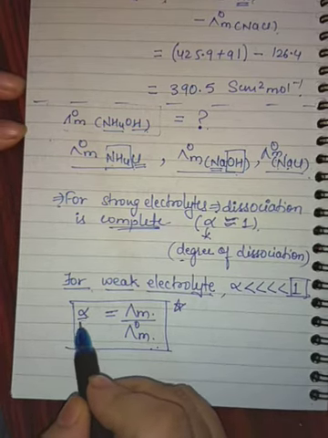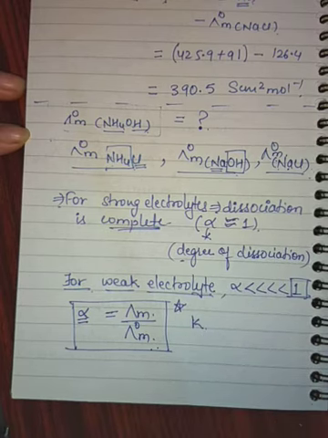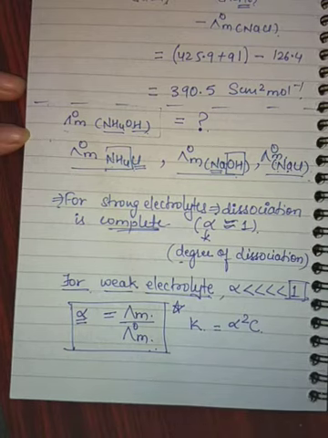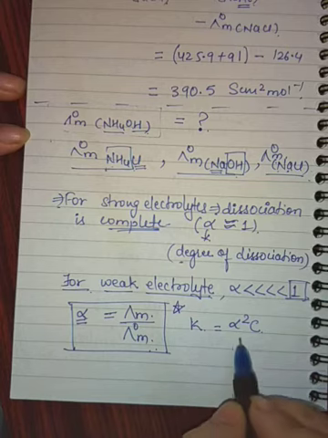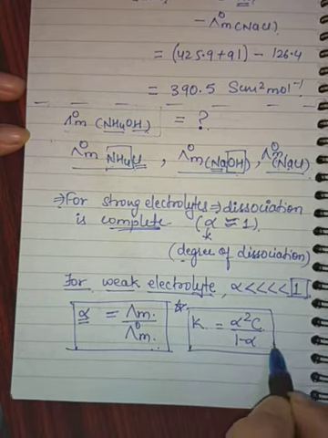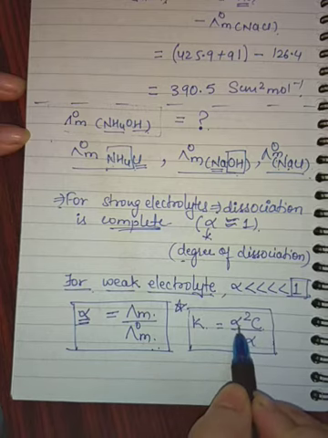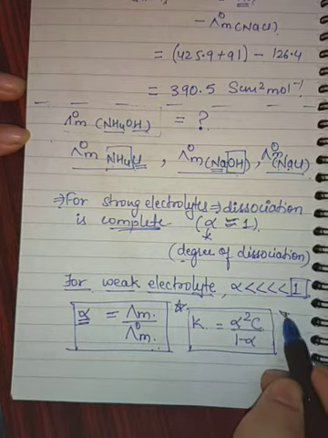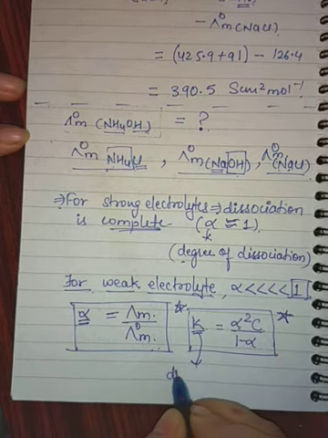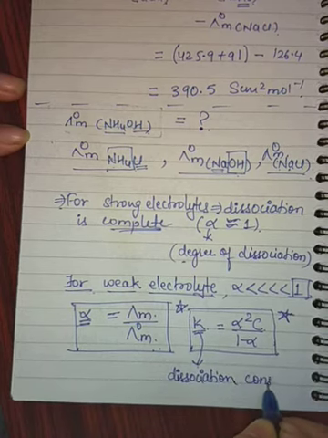Also, there is a relationship between alpha, that is degree of dissociation, and dissociation constant K. So K is equal to alpha square C upon 1 minus alpha. This we know. Once you calculate alpha from here, you can substitute the value of alpha in this equation, and then you can calculate the dissociation constant.